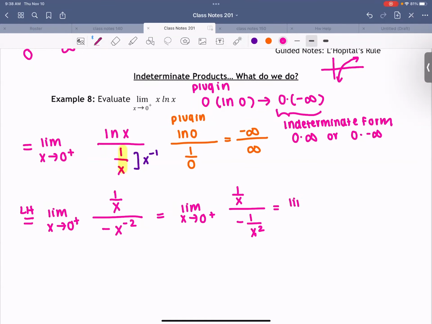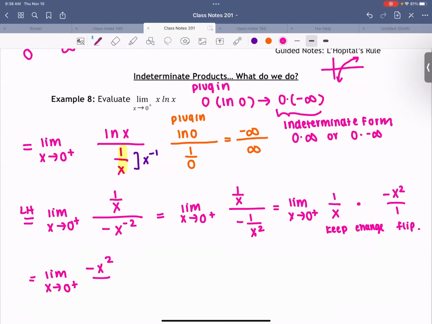Once I'm here, I can keep, change, and flip. I'm going to keep the first fraction the same, so keep the 1/x, change the division to multiplication, and then flip the bottom to -x²/1. So keep, change, flip. Simplifying this gives me the limit as x goes to 0 of -x²/x.